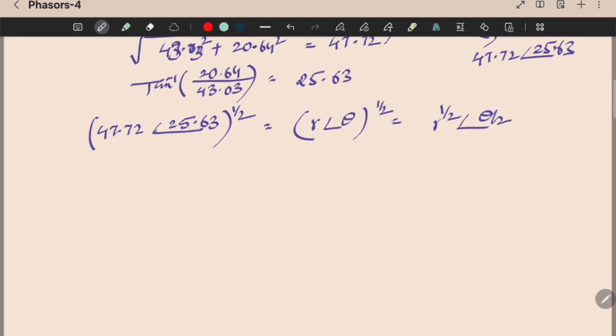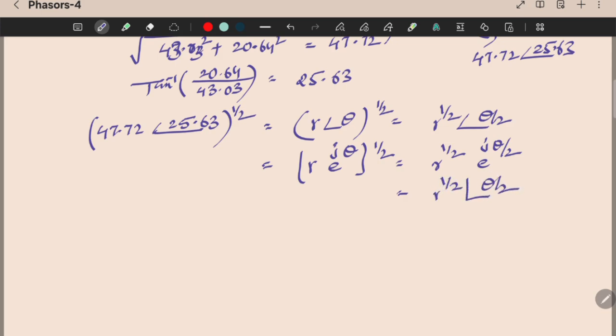How is it possible? We can write r at an angle of theta as r into e power j theta. Now you apply 1 by 2. It is equal to r power 1 by 2 e power j theta by 2. Now you write again in the shortcut form, that is r power 1 by 2 at an angle of theta by 2. This is what we need to do.